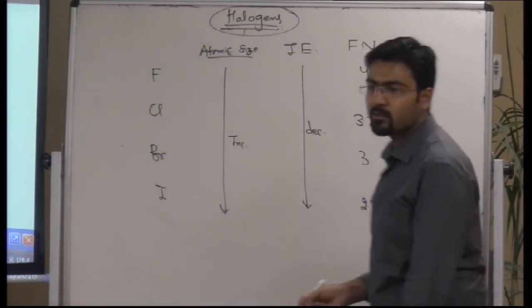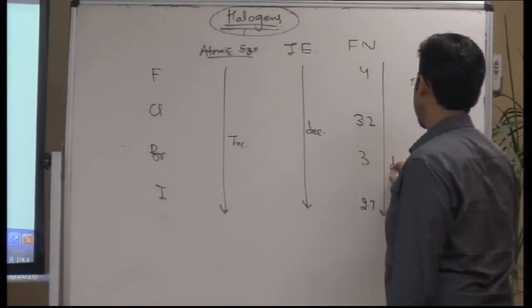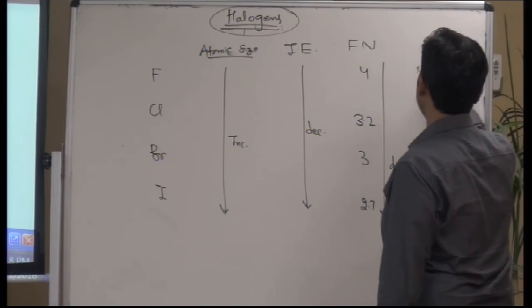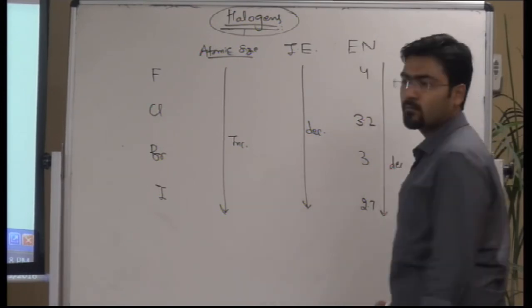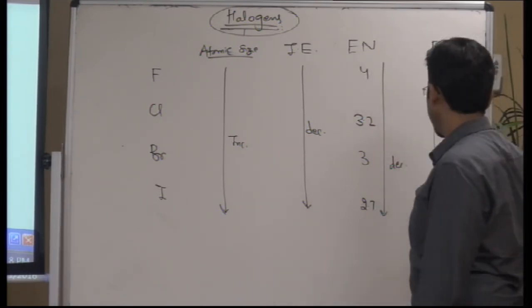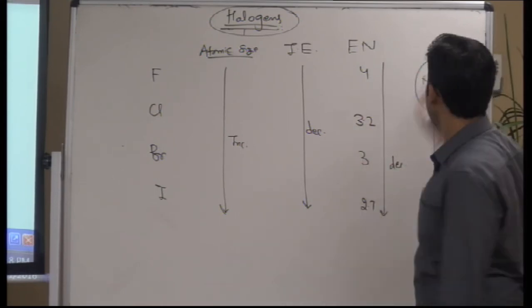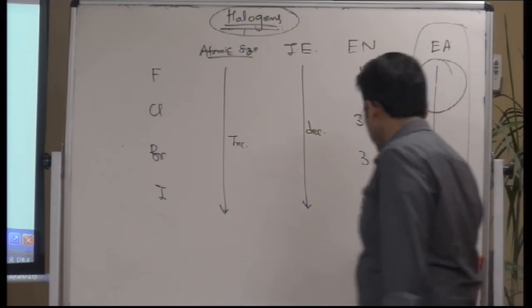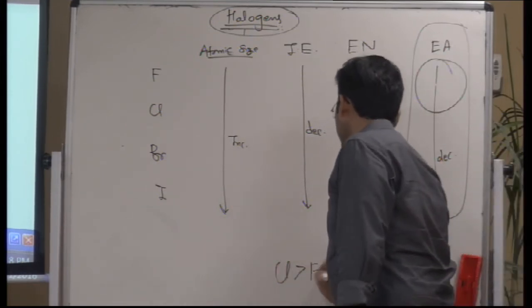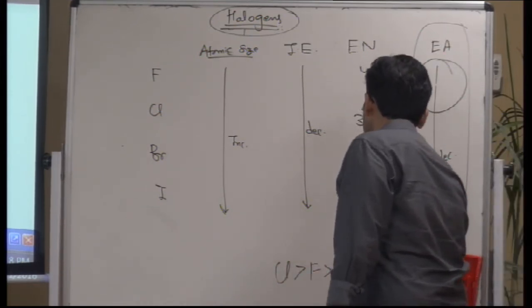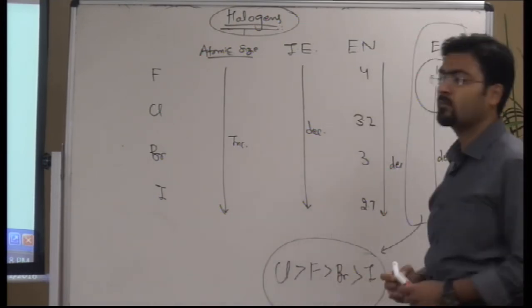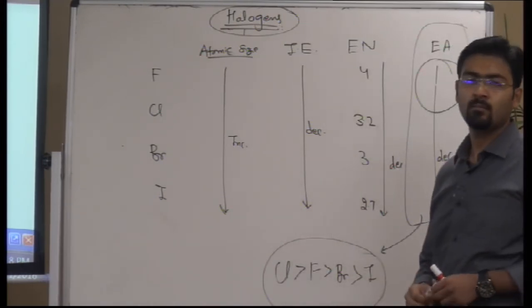Approximate values, right? So it decreases down the group. Electron affinity decreases down the group with an exception between fluorine and chlorine. So the order of electron affinity is chlorine, then fluorine, then bromine, and then iodine. Right?